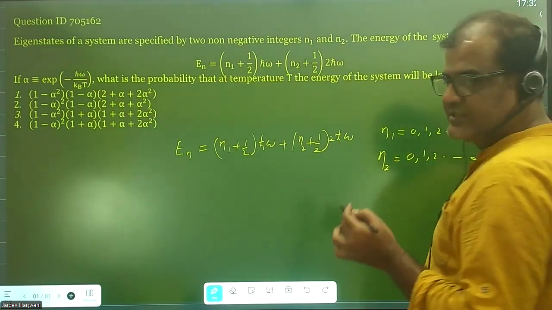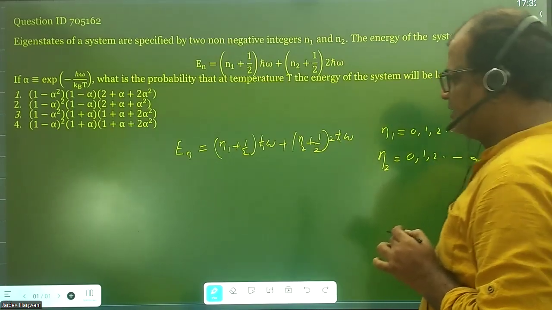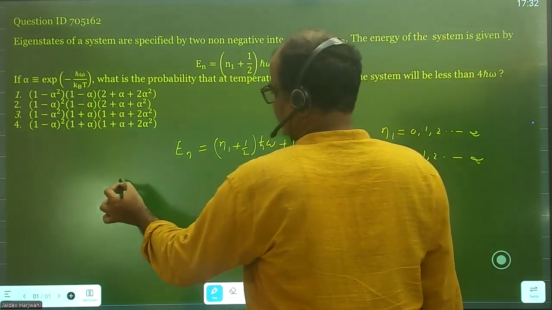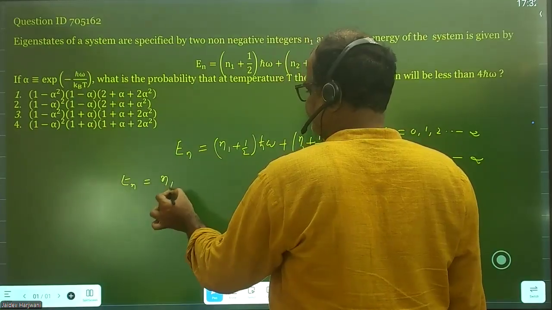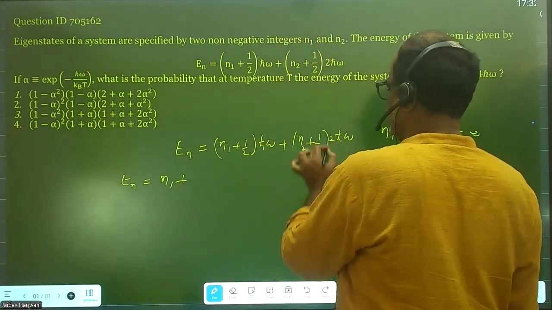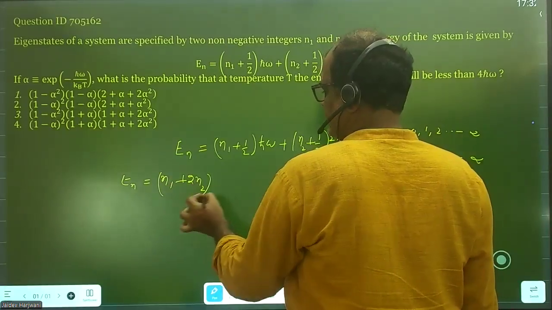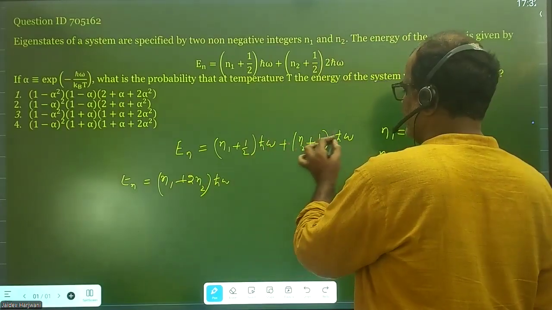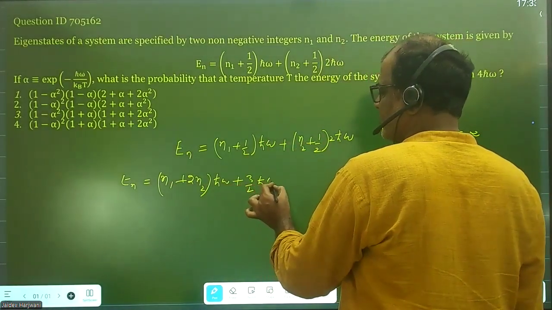But I need the energy to be less than 4ħω. So I can write this expression of energy as (n1 + 2n2)ħω plus the halves, which gives 3/2 ħω.